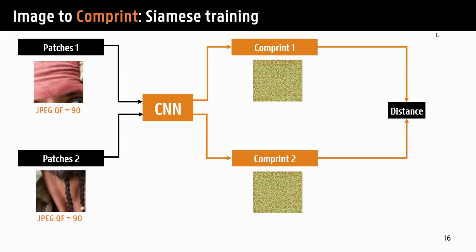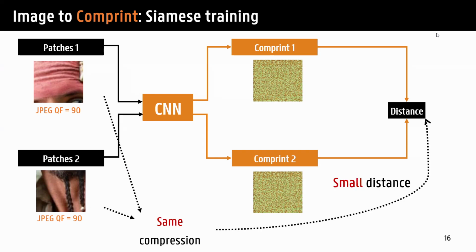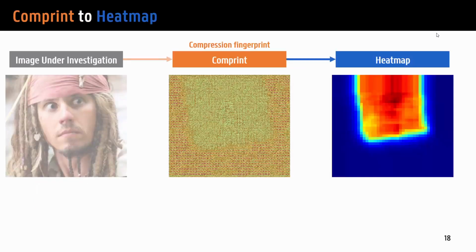And then it will compare the distance between those 2 Comprints. If these 2 patches underwent the same compression, then we want the distance between these Comprints to be small. We want the Comprints to be the same. On the other hand, if we do a different compression in those 2 patches, then we want to have a large distance. So we want the Comprints to be fairly separated from each other. Okay, so that was the first step.